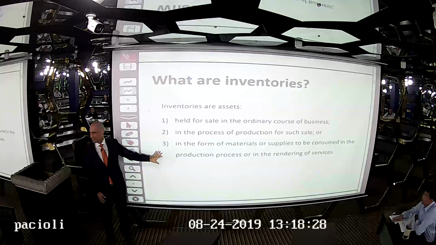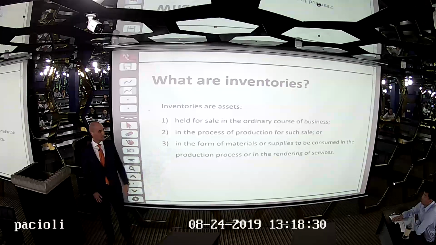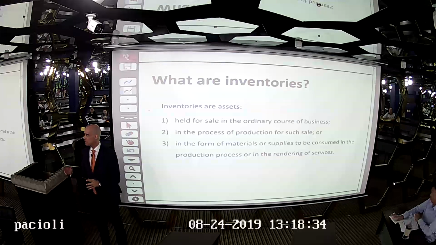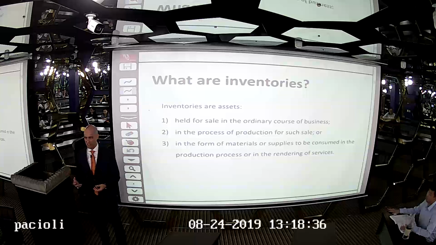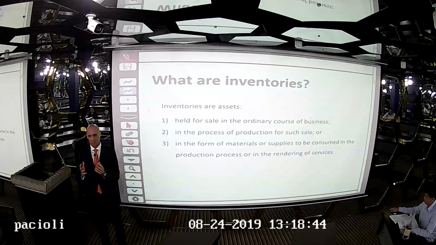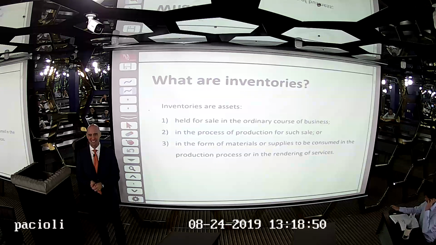And there are also the materials or supplies to be consumed. So number 2 and number 3 would include raw materials that we use in making the inventory. So we have the inventory of finished goods, goods that are made already. We can have inventory of goods that we are in the process of making, work in progress.